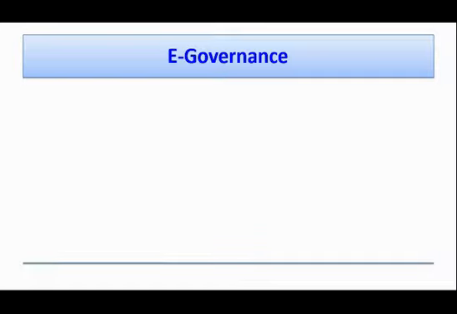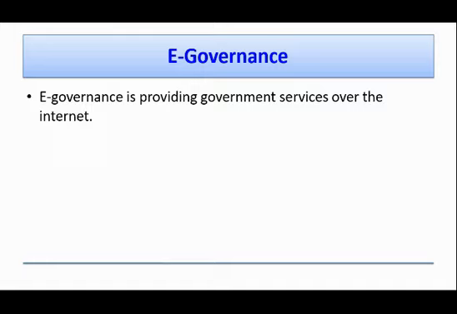Then the final one is e-governance. E-governance means providing government services over the internet. Nowadays we can request, for example, our revenue license through the internet. We can also request our identity card applications through the internet.